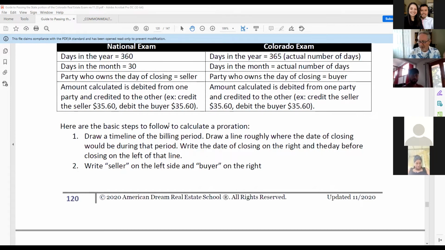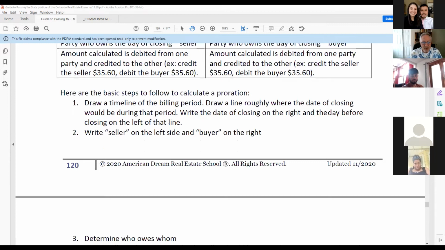Now, the method of doing these prorations is going to be with you, doing this exercise. Basic steps to calculate a proration, and we're going to be doing this together. First thing is we draw a timeline of the billing period. We draw a hash mark roughly where the closing is going to occur on this timeline, and then we write the date of closing.